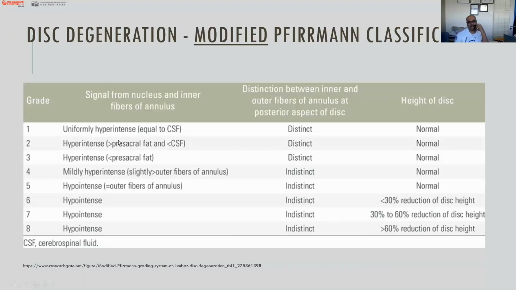So we can see that the normal disc is the modified Fuhrmann or Griffiths class 1. Early disc degeneration can be Griffiths 2 and 3. And then you can see that the Fuhrmann 3 and 4 are again hypointense, so that means the signal characteristic is low, but the disc height is normal.